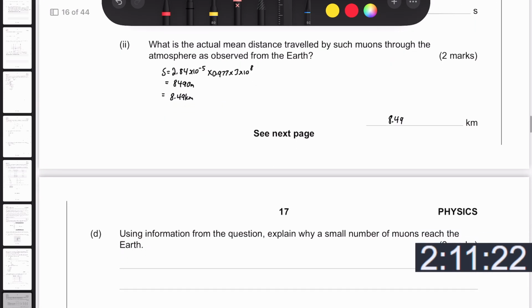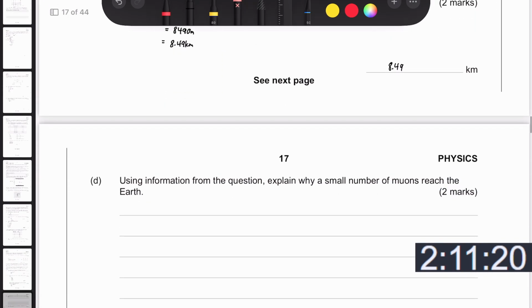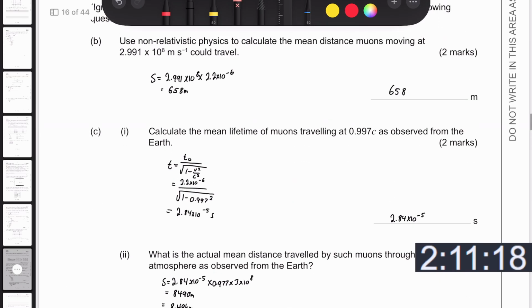8.49. Using this information, explain why a small number of muons reach the Earth.